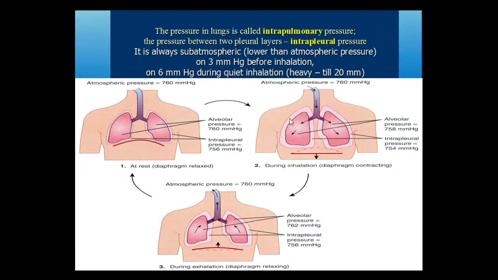During quiet breathing, during inhalation, this pressure decreases by 6 millimeters of mercury, and during forceful inhalation, this difference can achieve 20 millimeters.